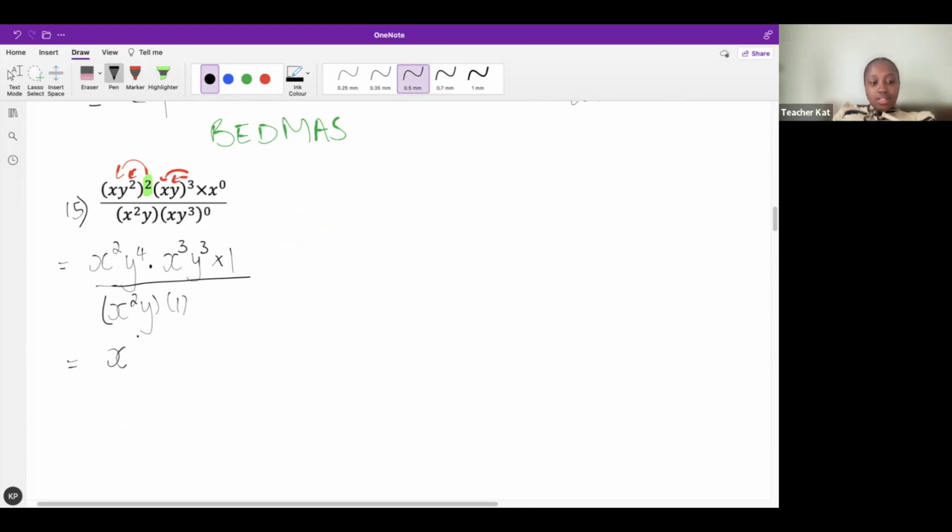So I'll say x to the power of 5, y to the power of 4 plus 3 is 7. Right. We go to the bottom. I still have x squared y. Is there anything else that we can do with the sum?